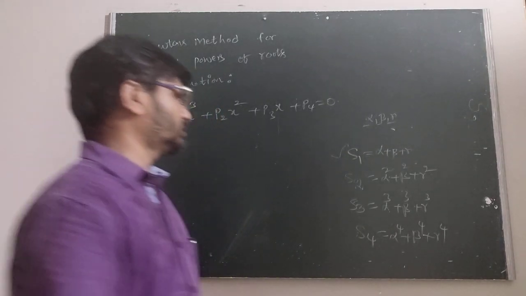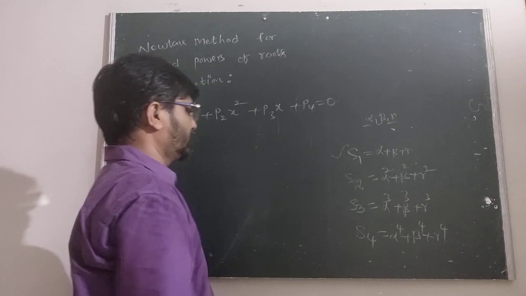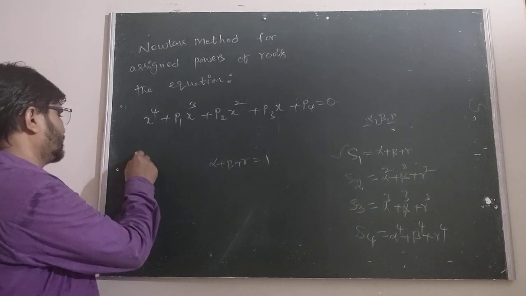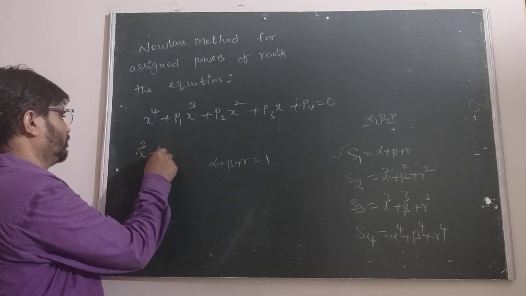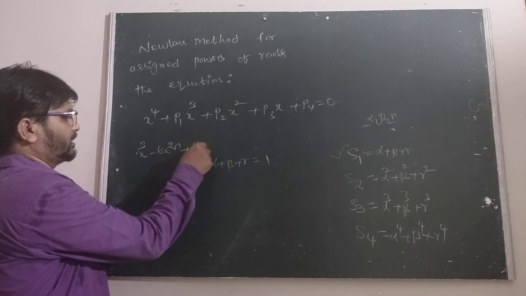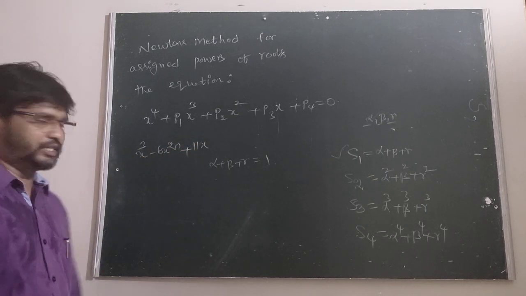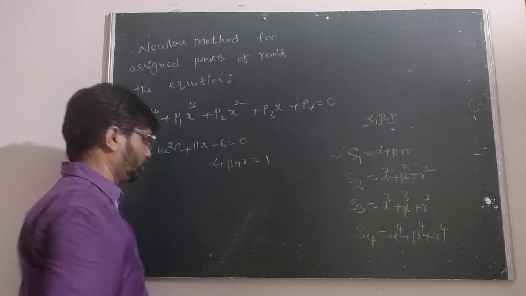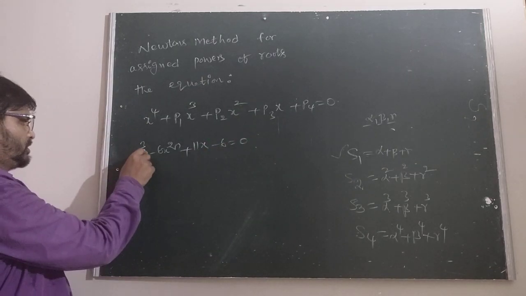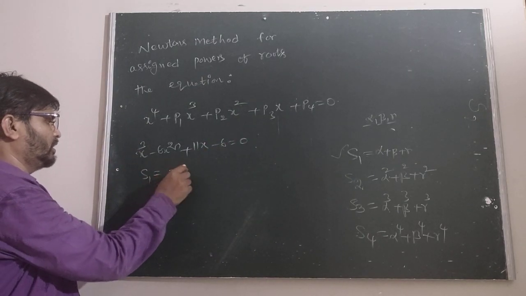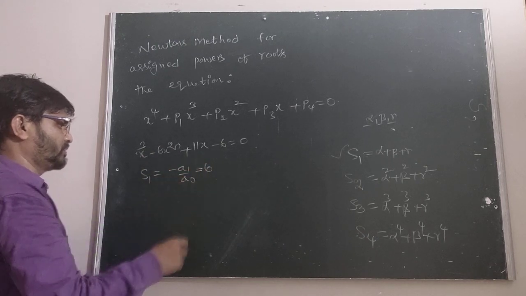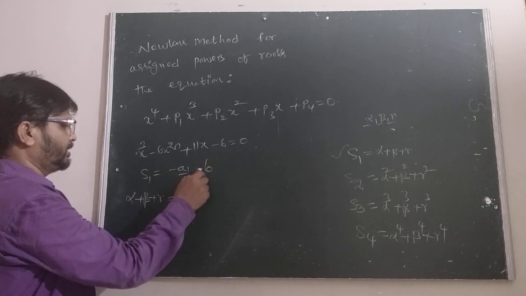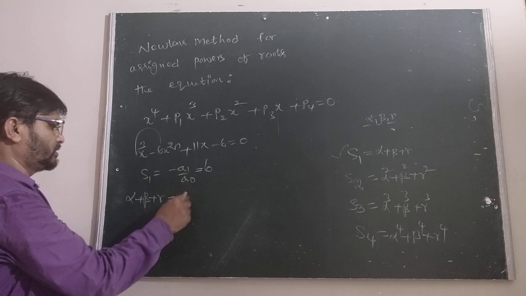Suppose we want to know the value of alpha plus beta plus gamma. Given the equation x cube minus 6x square plus 11x minus 6 equal to 0, we know that this equation has three roots. S1 is minus a1 by a0, that will be 6. Then you can write alpha plus beta plus gamma is minus a1 by a0, which is 6.